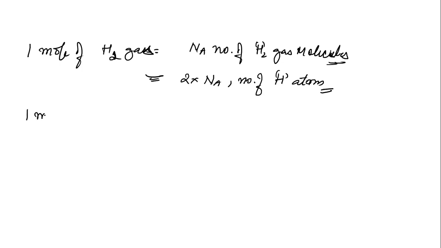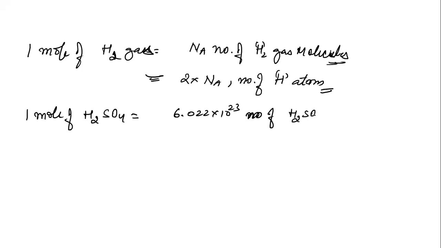If I write 1 mole of H2SO4, it means 6.022 × 10^23 H2SO4 molecules are grouped.